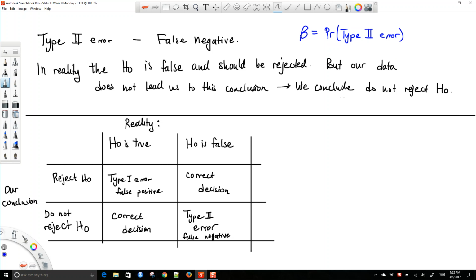It looks like an A. And the second letter is beta. It looks like a B. Okay, so alpha for the first letter, beta for the second letter. Alpha for type 1, beta for type 2. That's actually where we get the word alphabet, from alpha and beta just stuck together.